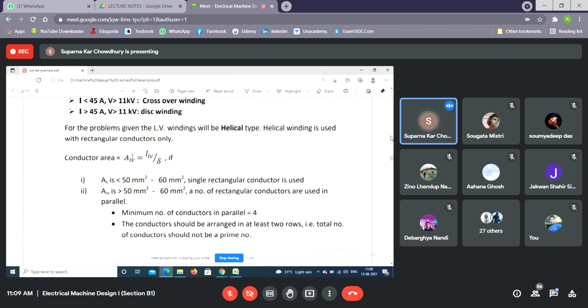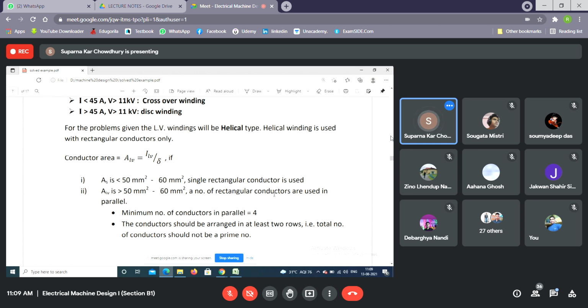If this area is greater than 50 to 60 millimeter square, then a number of parallel rectangular conductors are used. When going for rectangular conductors, there are some thumb rules. The minimum number of conductors in parallel is 4. Say you have the area calculated as 100 millimeter square. Then it is more than 50 to 60 millimeter square, so we have to go for parallel conductors.